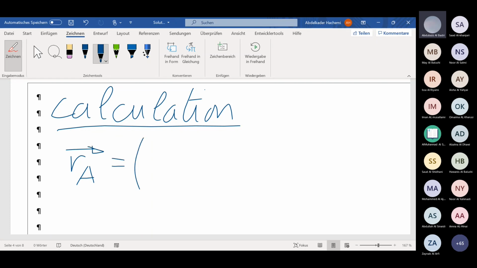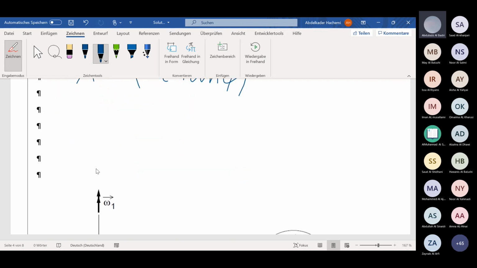Here we have only a 2D problem. Then we have minus L and minus L multiplied by tangent phi. This is the vector position.